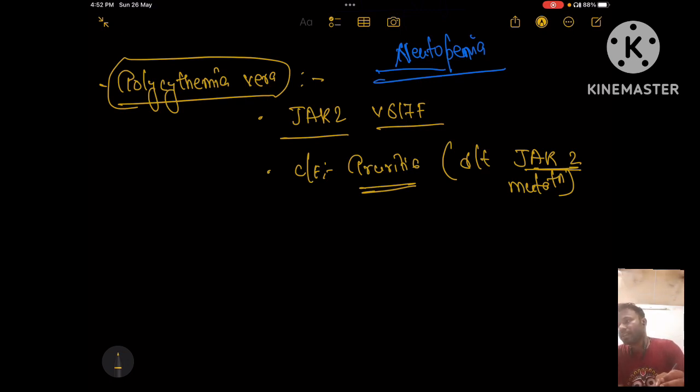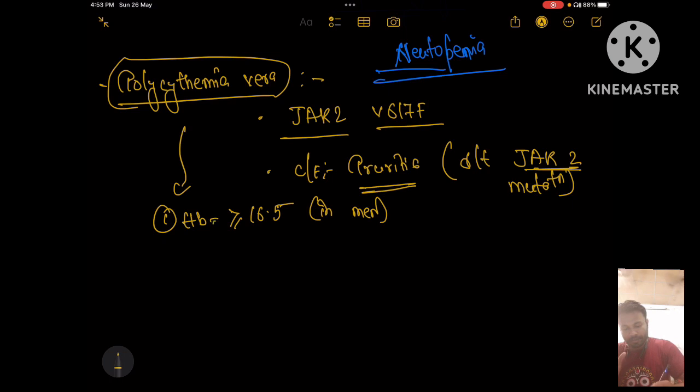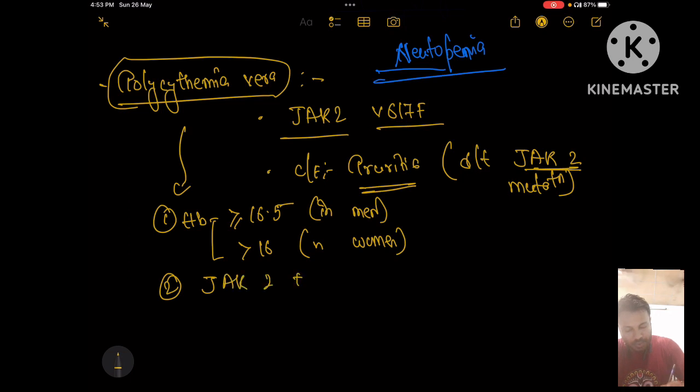What is the diagnostic criteria for polycythemia vera? First, hemoglobin should be greater than 16.5 in men, greater than 16 in women. Second, JAK2 mutation.